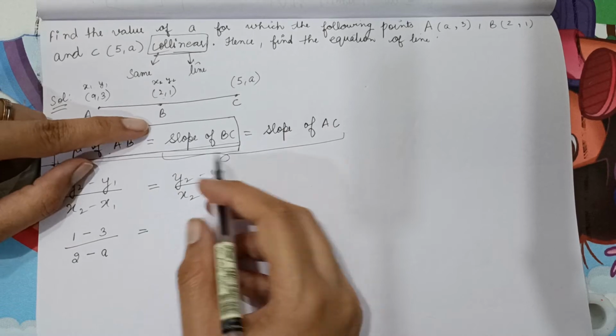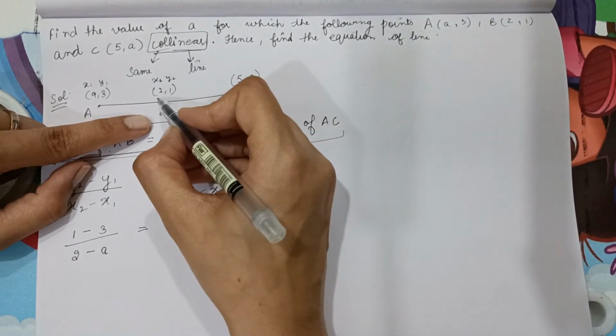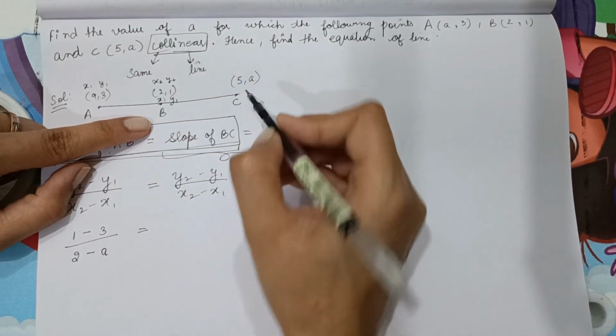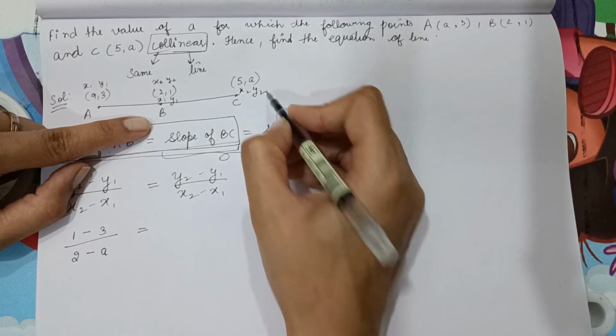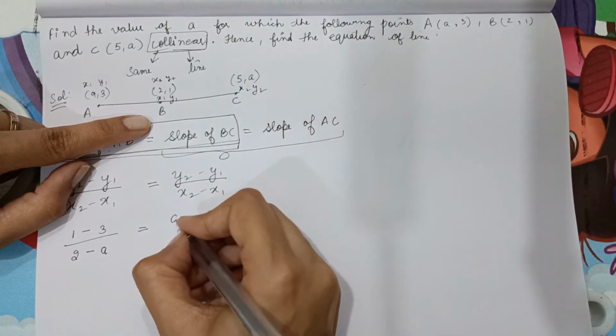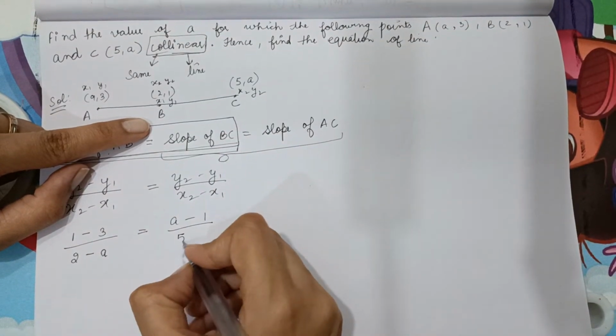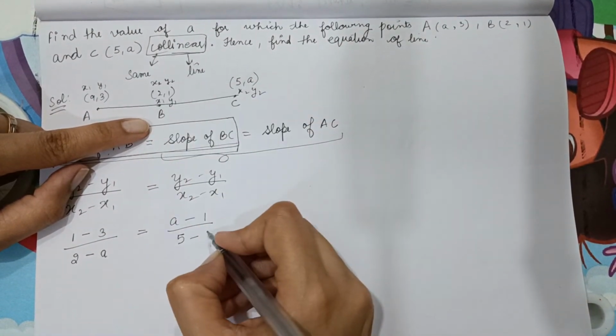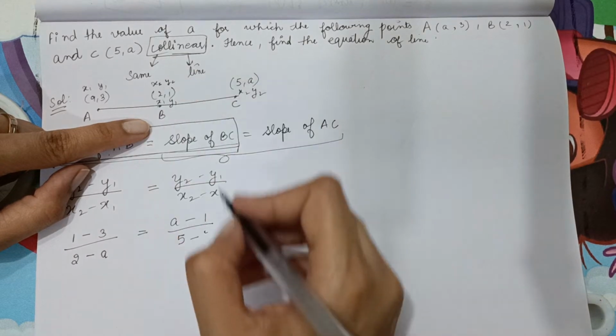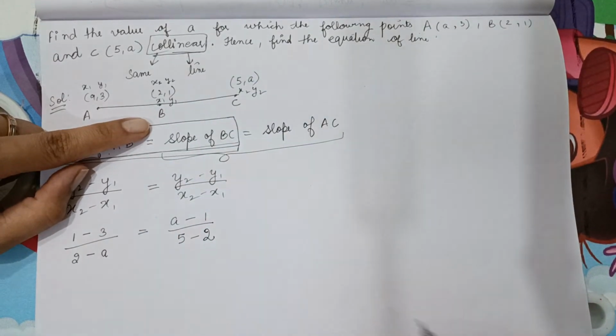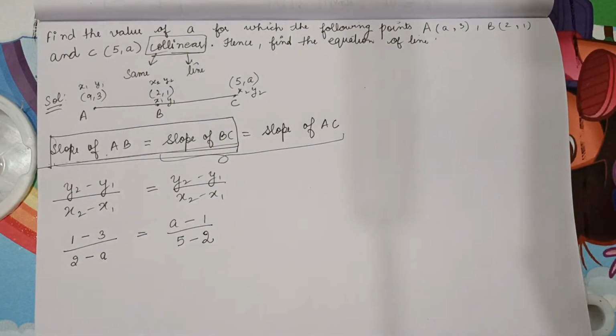For BC, this is x1, y1 and this is x2, y2: y2 is a, y1 is 1, x2 is 5 and x1 is 2. I have just substituted the values.